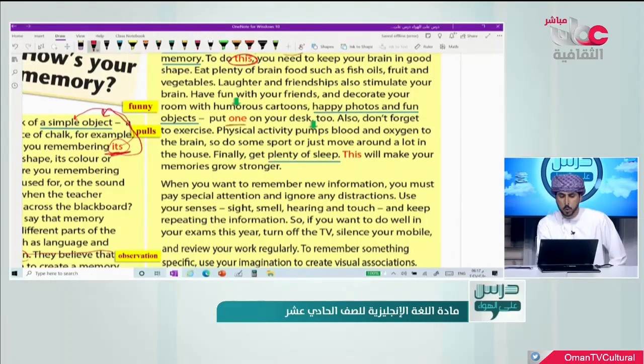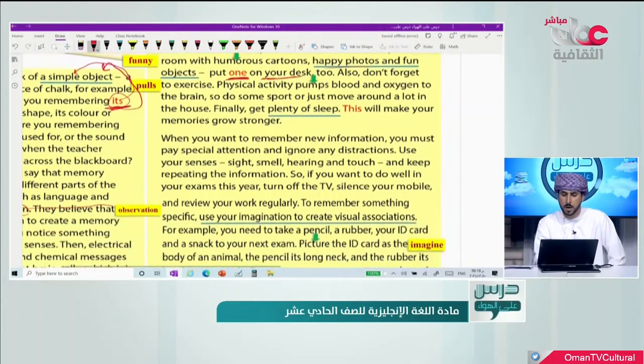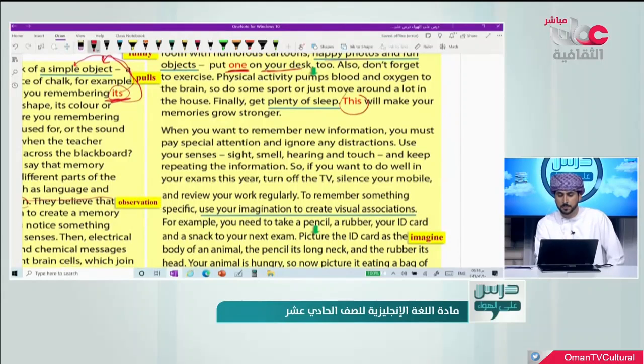Now we have put one. Put one what? Have fun with your friends and decorate your room with humorous cartoons, happy photos, and fun objects. So, a happy photo or fun object. Okay, this is the one that you are asked to put on your desk. Okay, we have here this.